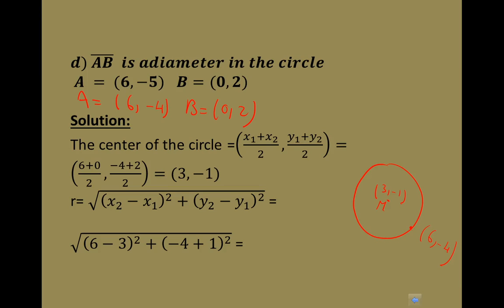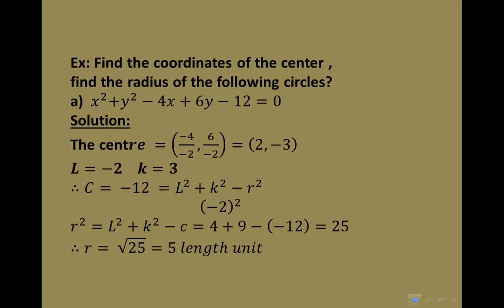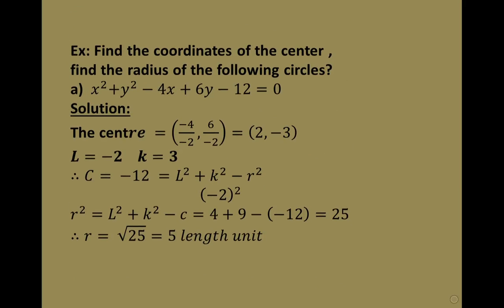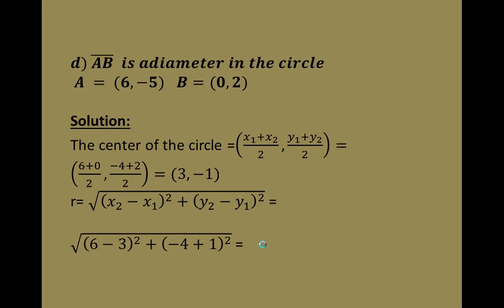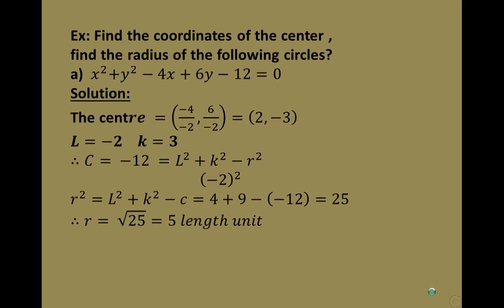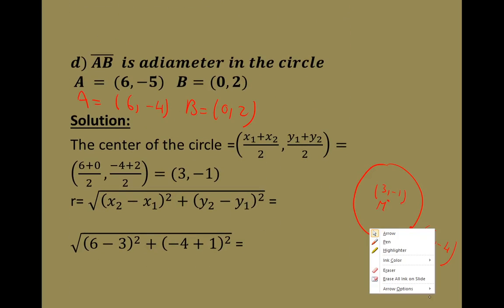And this value equals 3 squared plus 3 squared equals root 18, and root 18 equals 3 root 2.